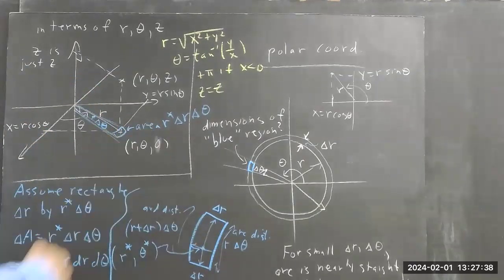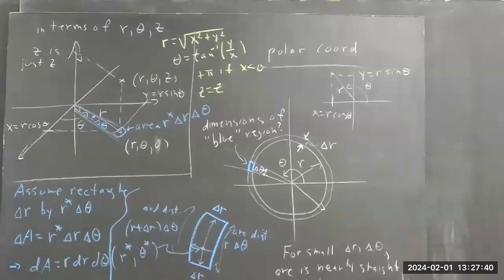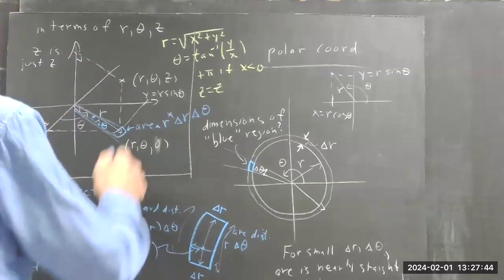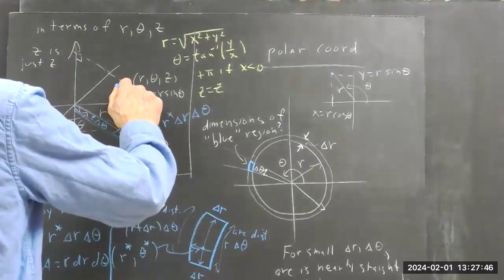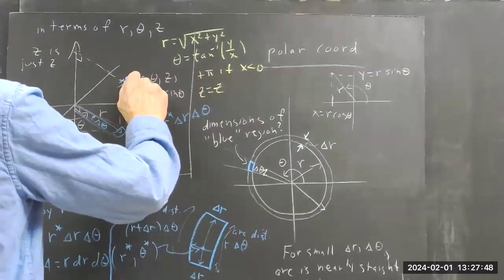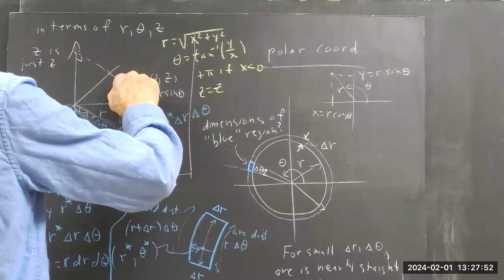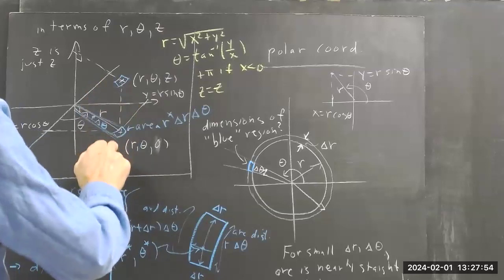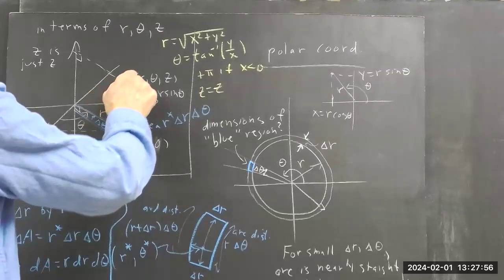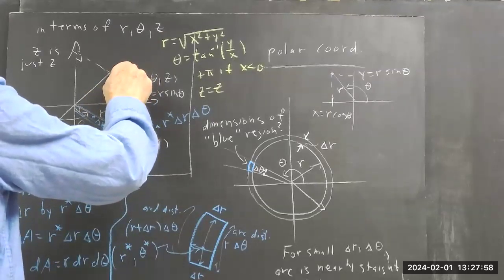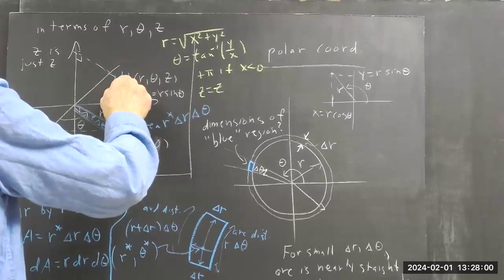It's not going very well, but we'll have to label it. Okay. Now, if you want to raise it up here, well, you get the same increment here. Just a copy of this one, even though it probably doesn't look like it. And it's got a delta z in it.